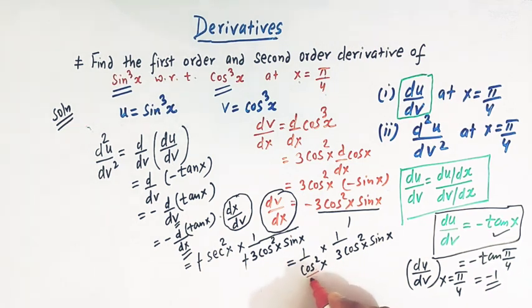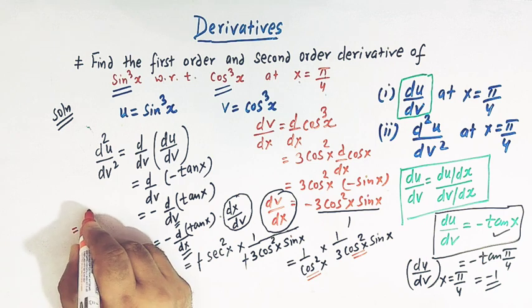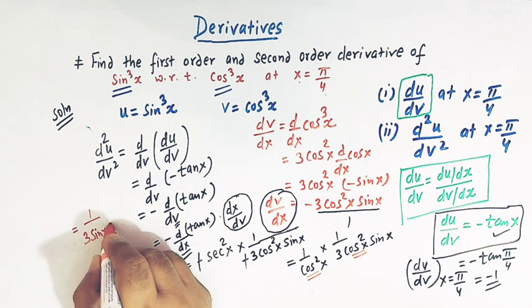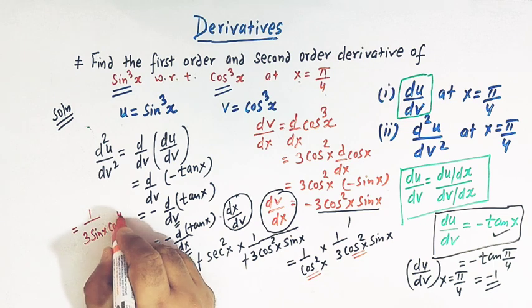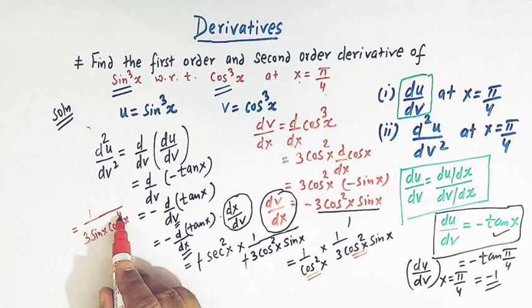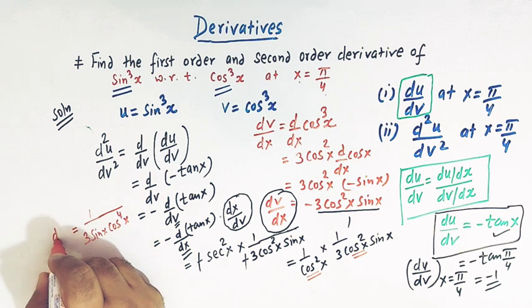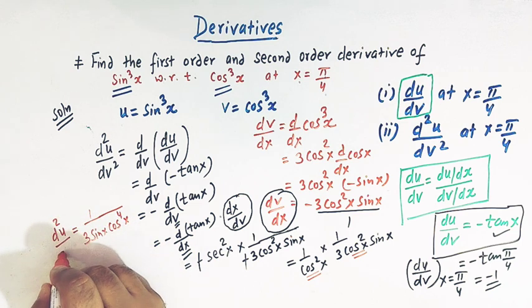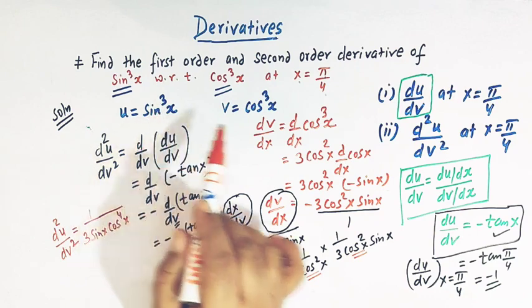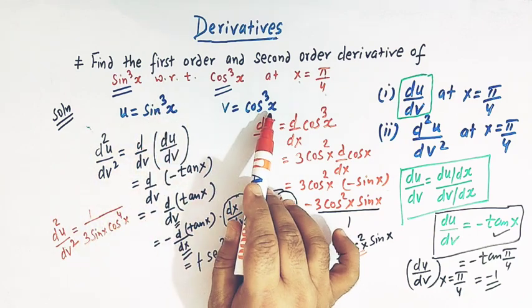So now multiplying cos square x with cos square x, we have 1 over 3 sin x, and then we have cos 4x, right? So we have the power of cos x as 4. So this is the second order derivative of u with respect to v, where u is sin cube x and v is cos cube x, right?